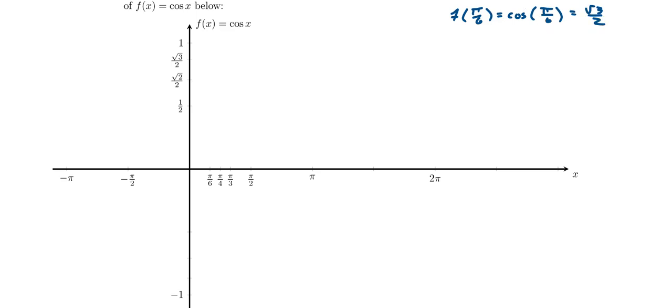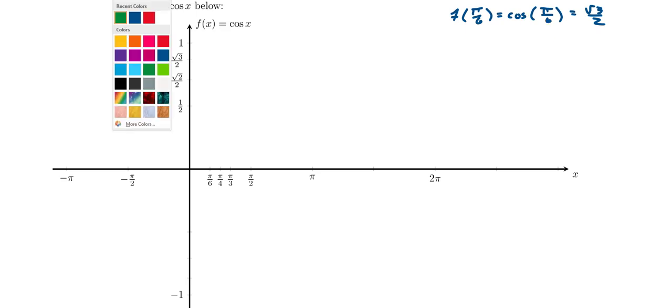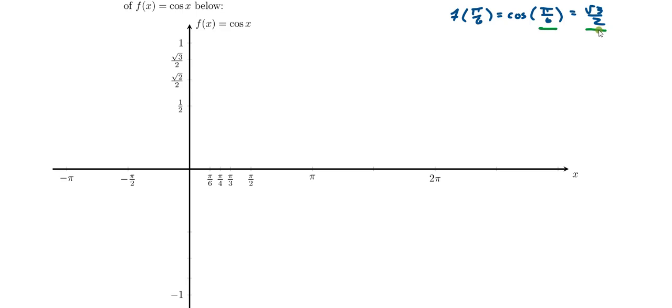And so the angle and the output become the ordered pair, pi over 6 comma square root of 3 over 2, and there's that ordered pair. So what I'd like you to do is, before you watch the next video, try to construct the graph of cosine on your own, and I'll see you in the next video.